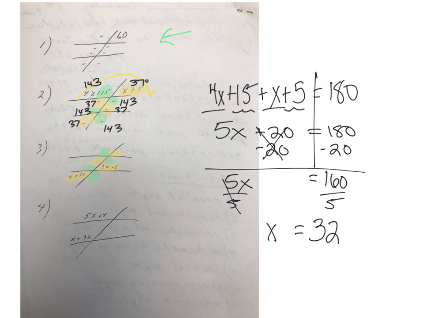So we're not going to add them together to make 180 because that's not their relationship. These up here, you could add them to make 180 because they were two different colors, and that's the relationship between the ones that are not the same, is together they make 180. But these, because they're the same color, that means they have the same value. So instead of making an equation that equals 180, we're going to make those equal to each other.